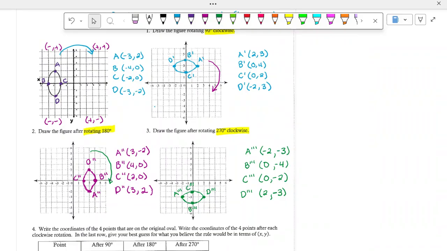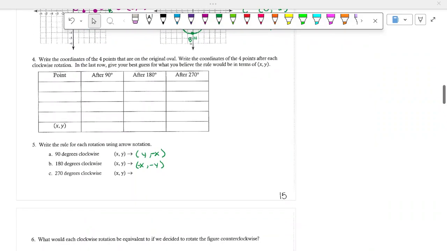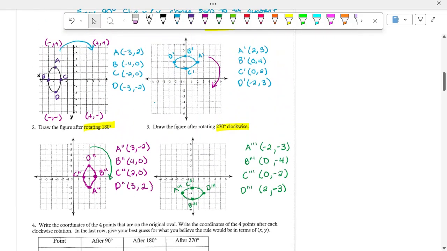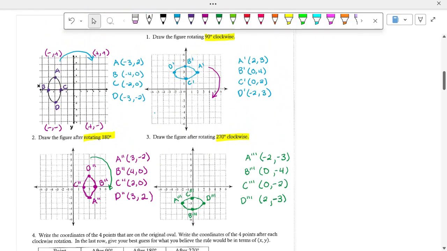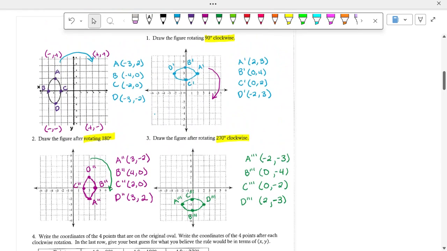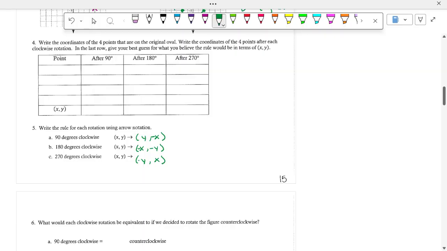The coordinates actually did flip. But what sign specifically changed? So the sign that changed specifically was the original y value, the new x value.